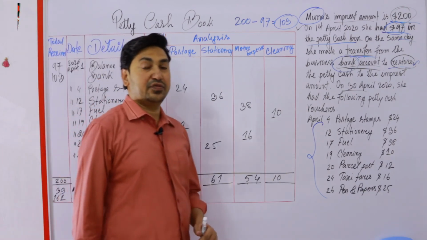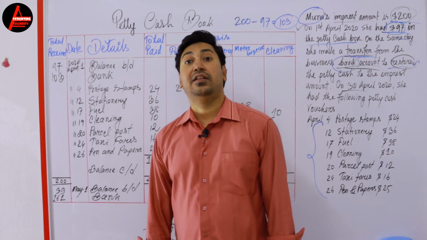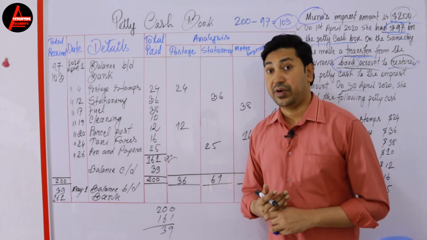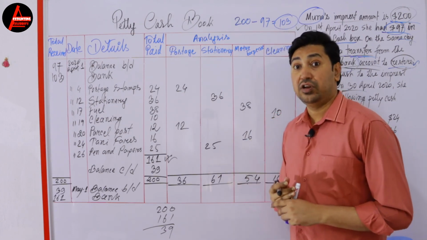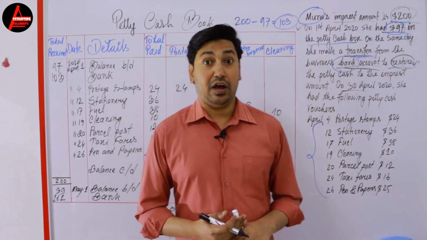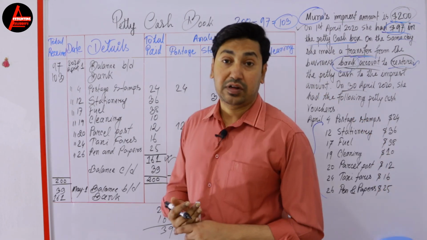When you write this value $161 here, then you are done. You did this petty cash book correctly, okay. So this is how you need to prepare petty cash book in the exam. And I already told you that this is very common question, very important question for exam, okay.